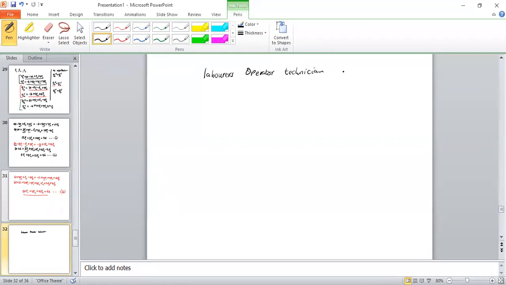Then the profit per machine. Then this side, we have machine A, and machine B. We have those two machines, A and B, and maximum available.